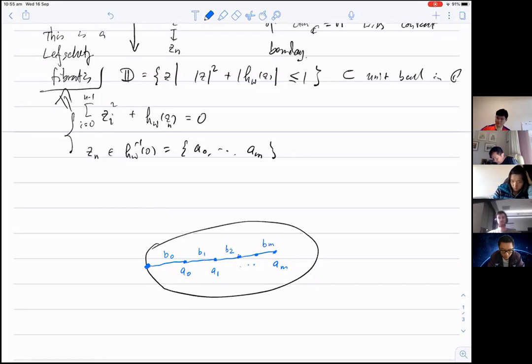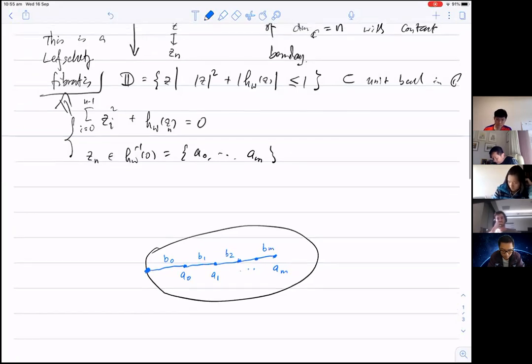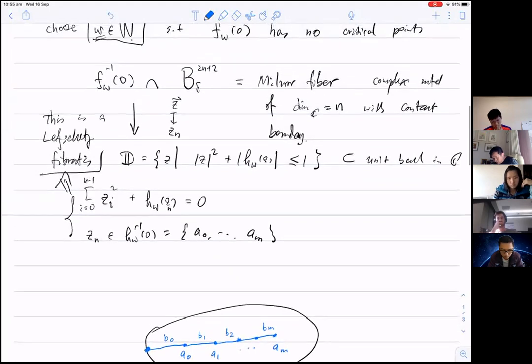And then look at the Lefschetz fibration. I denote the total space E, did Kending denote E?